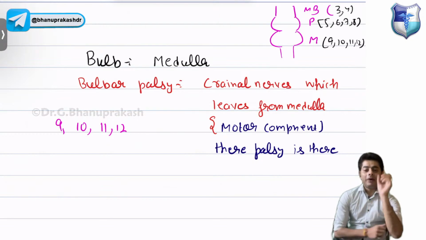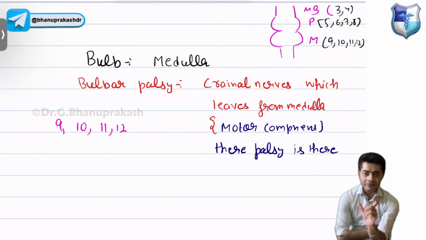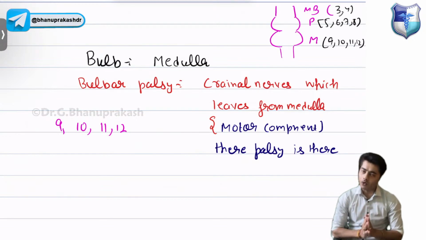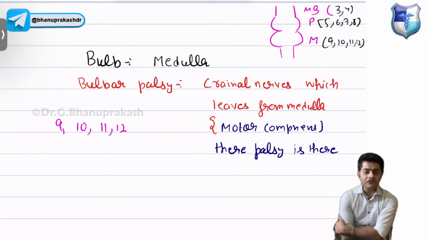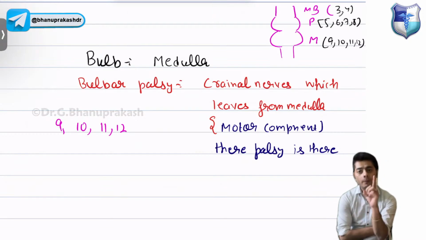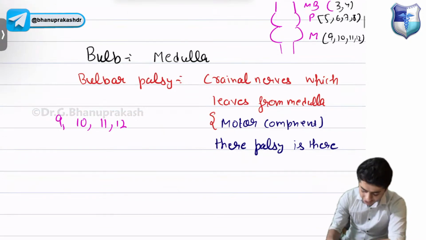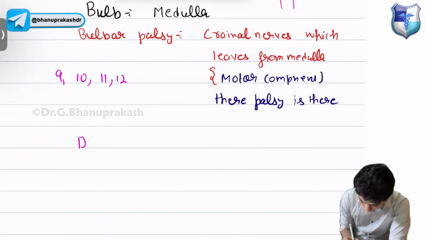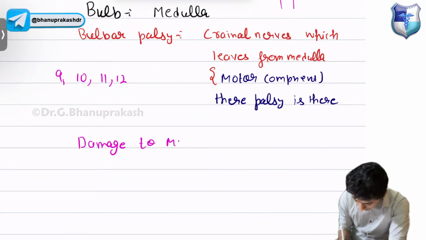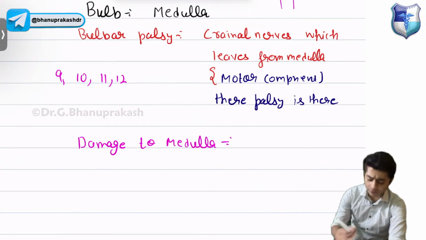Bulbar palsy means bulb is medulla and palsy means palsy of the cranial nerves which leave from the medulla. So how can these cranial nerves be damaged? When there is damage to the medulla.